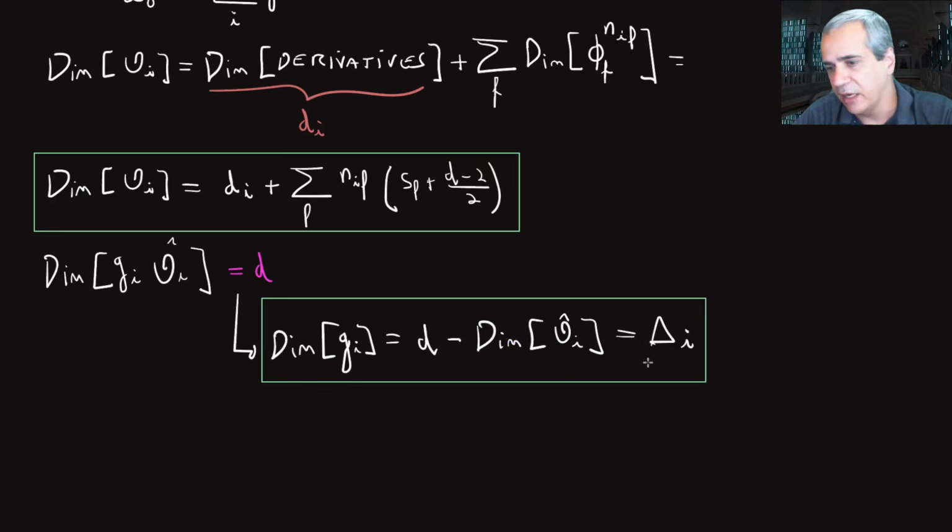And again, as we have seen already for lambda phi n theories, the dimension of the coupling is the same as this delta that appears multiplying the number of vertices in the definition of the superficial degree of divergence. So you see that everything that we talked about in the case of the scalar theory generalizes pretty smoothly to more complicated theories.